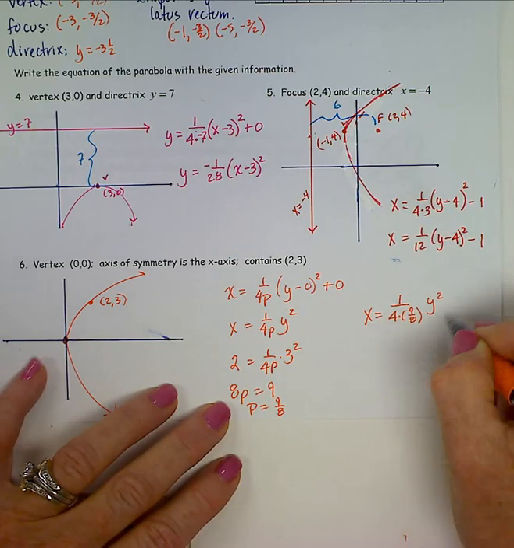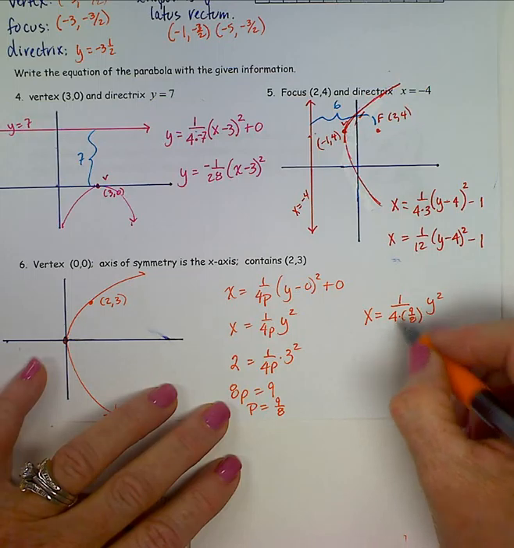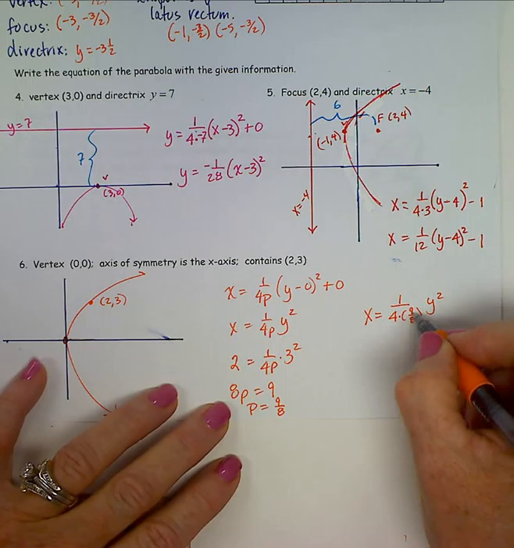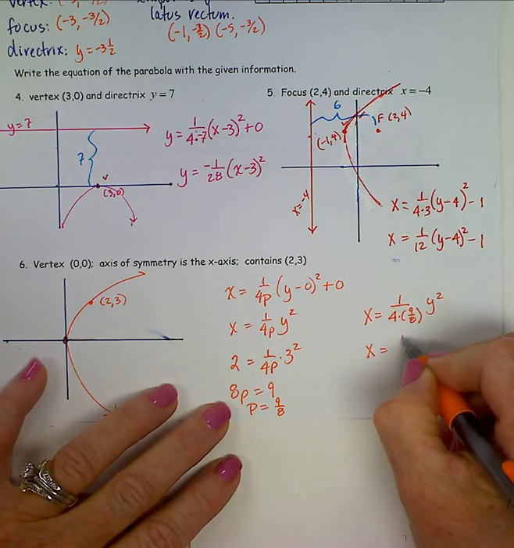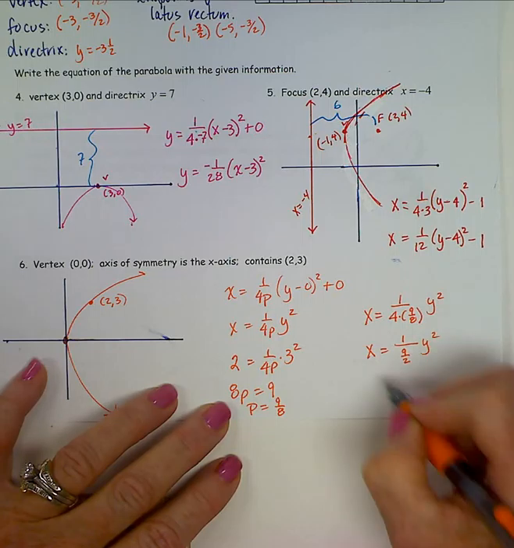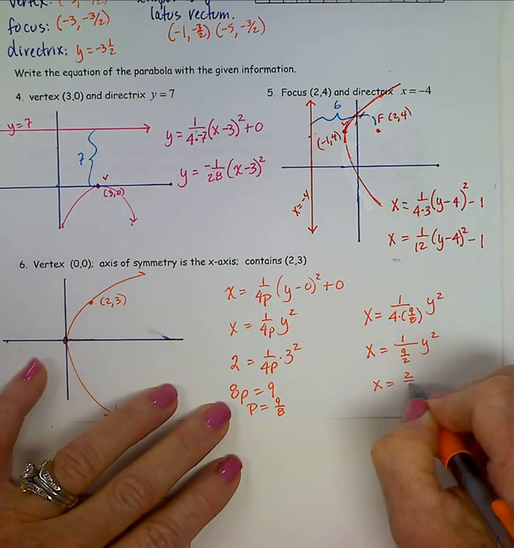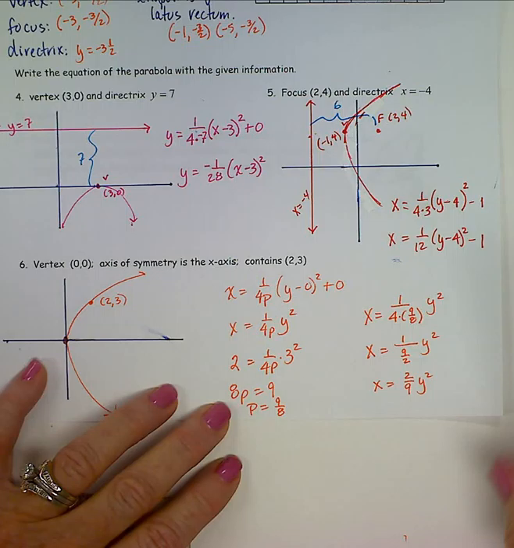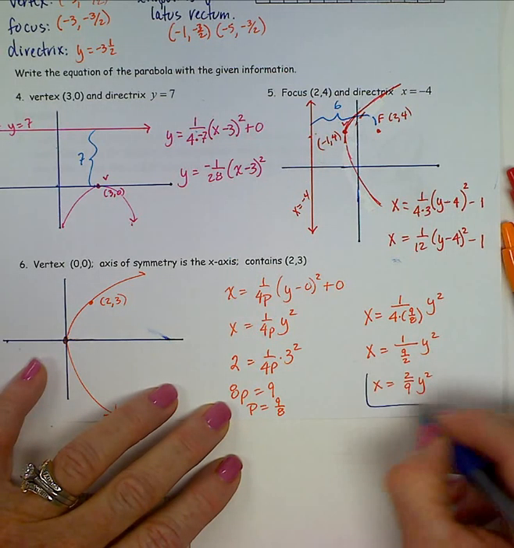Ooh, that's ugly. Let's clean this up. 4 times 9/8, that's 9/2. So we have x is 1 over 9/2 y squared. So x is 2/9 y squared. There we go. That was nice.